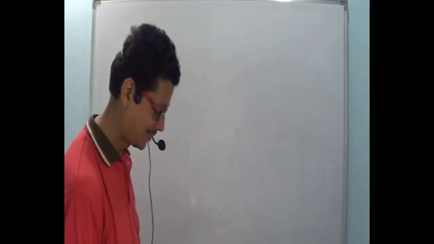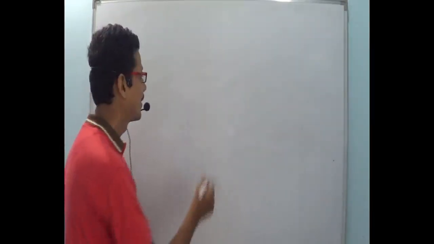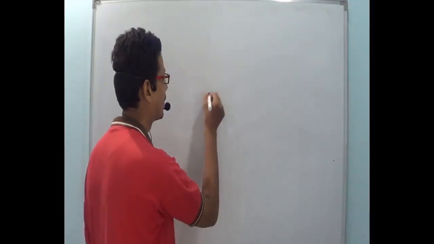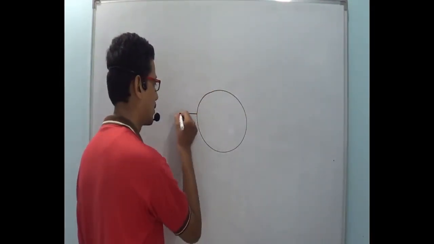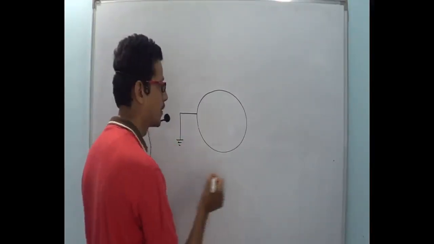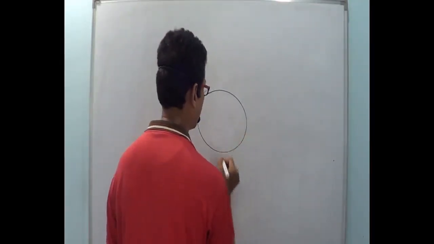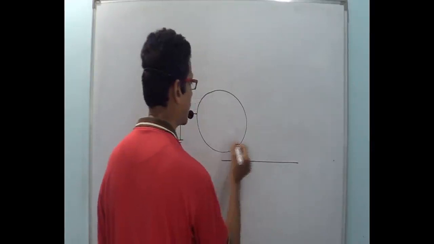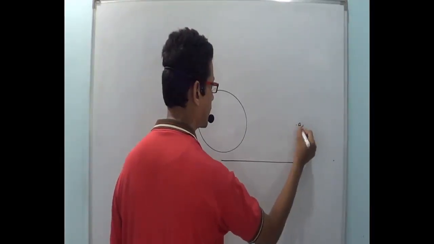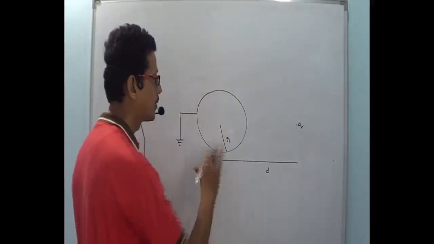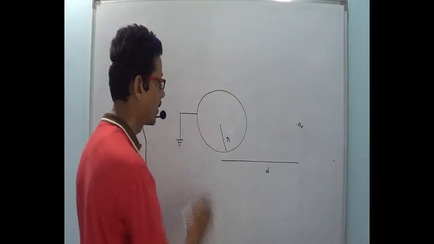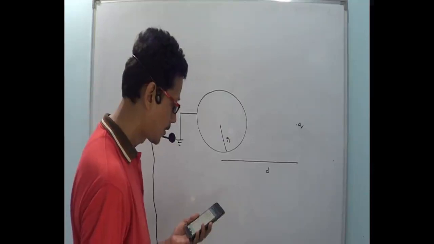Right. Next question. There is a conducting sphere and it is earthed, and there is a charge Q at a distance D, and the radius of this is R. Now what is the charge that has come from the earth? That is the question.